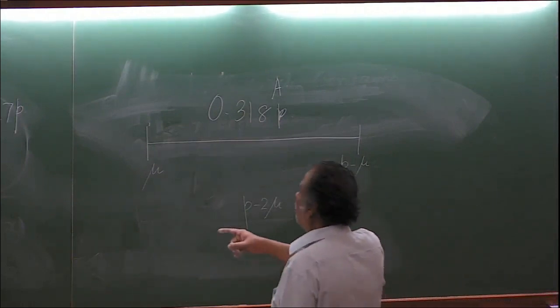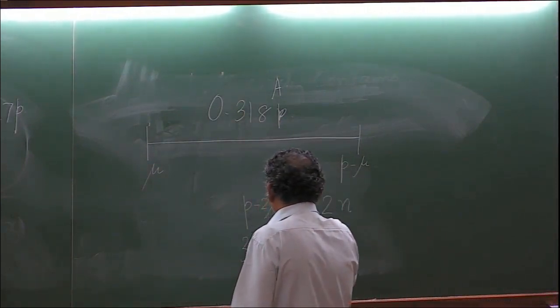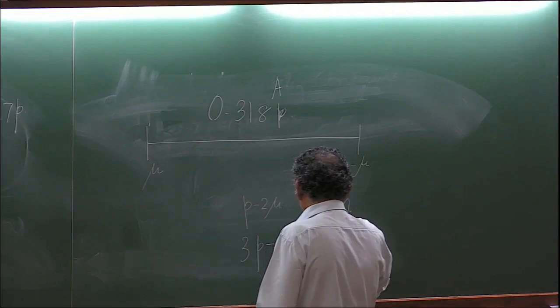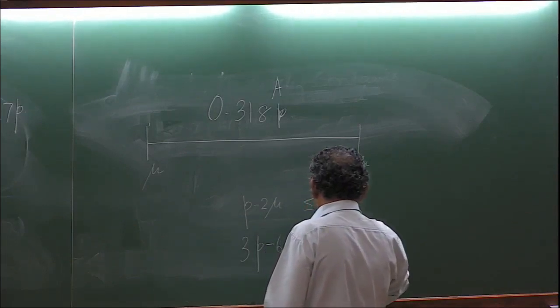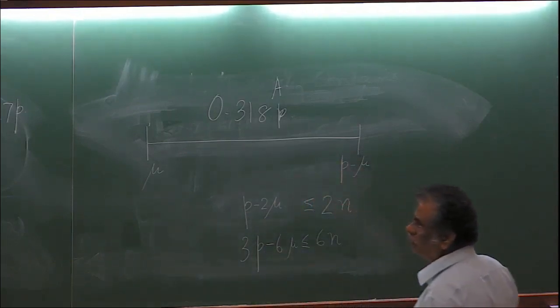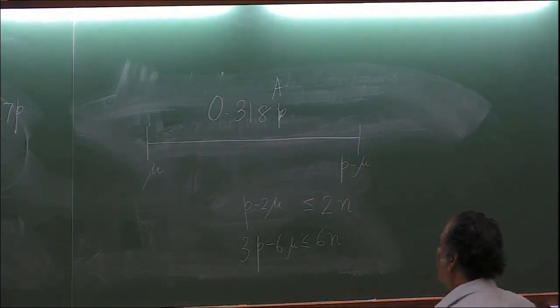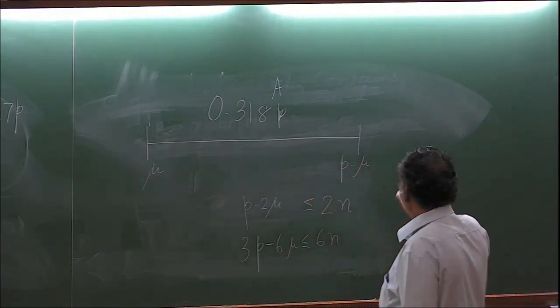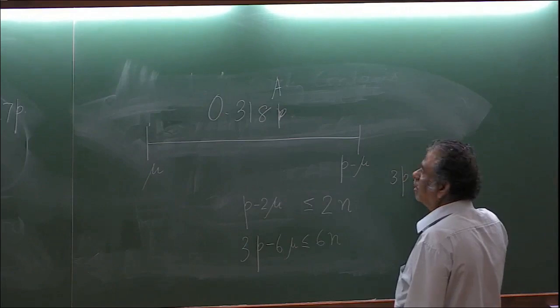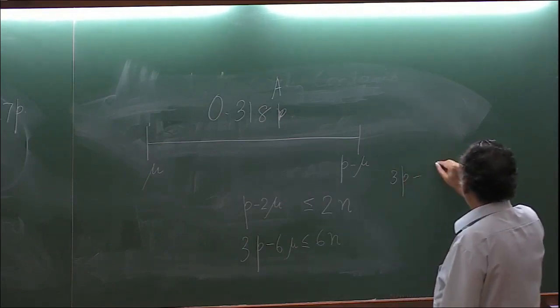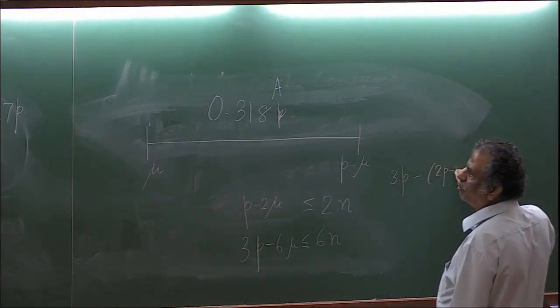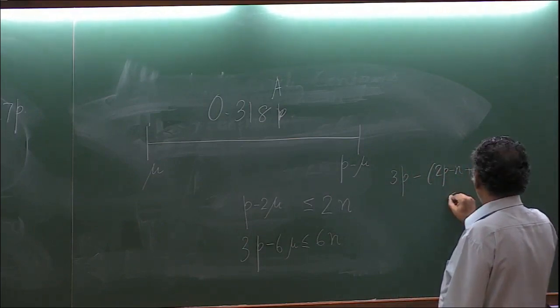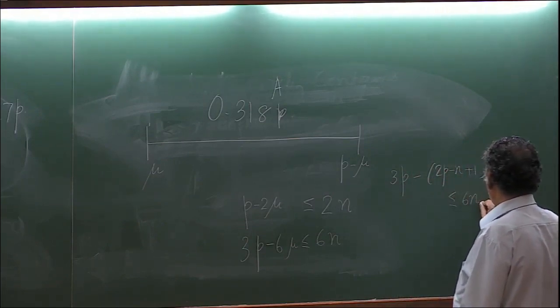But on the other hand, what is it? Therefore, I have to prove whether 3p minus 6 mu is less than or equal to 6n. 2 times m, yeah. Okay, which means that 3p minus 6 times mu, which is 2p minus n plus 1, is less than or equal to 6n is what I have to check.